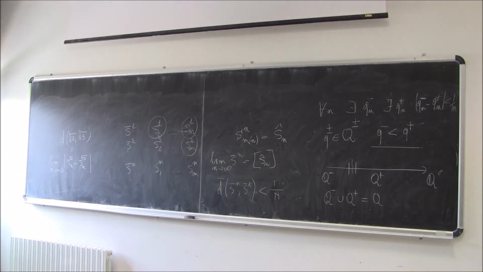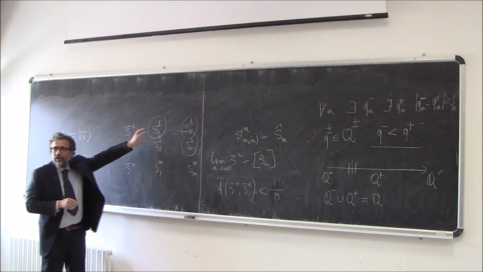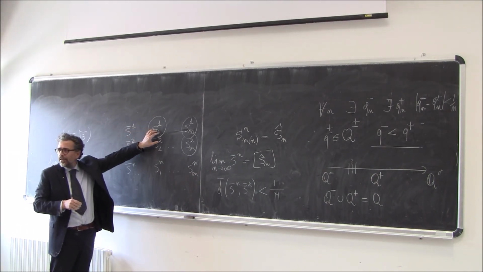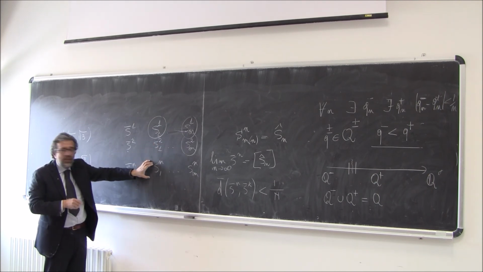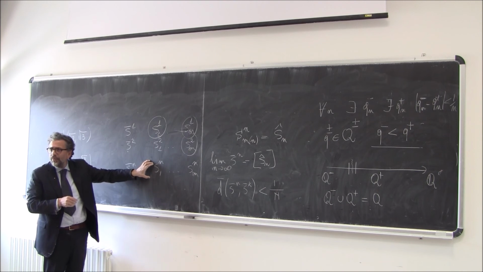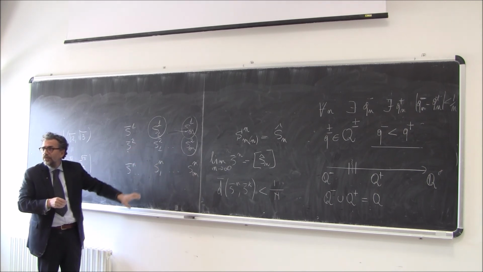If I have a sequence of real numbers, how am I approximating the limit of this sequence of real numbers? I take a rational number from the first approximating sequence, a rational number out of the second approximating sequence, another rational number out of the third approximating sequence, and so on.